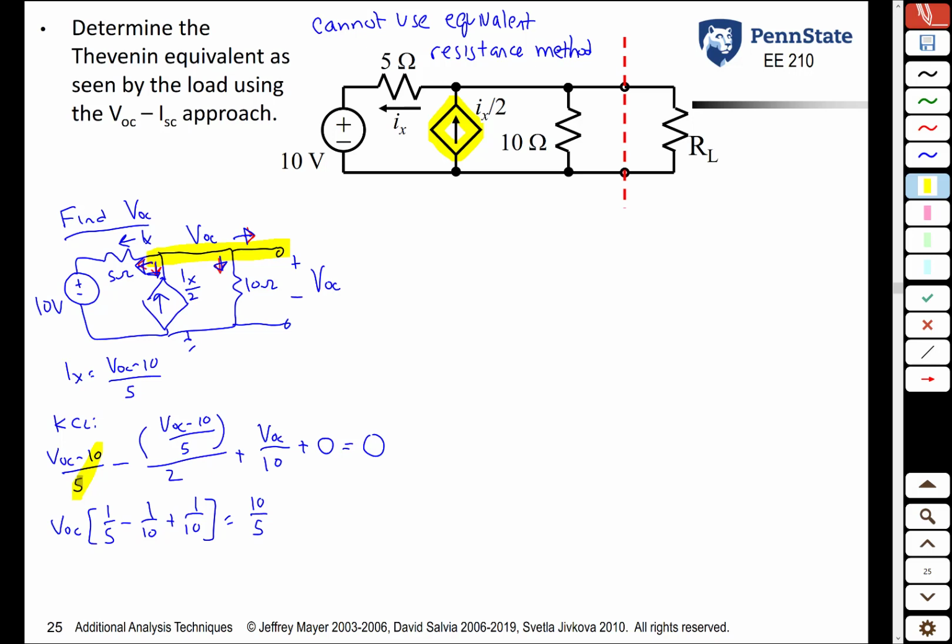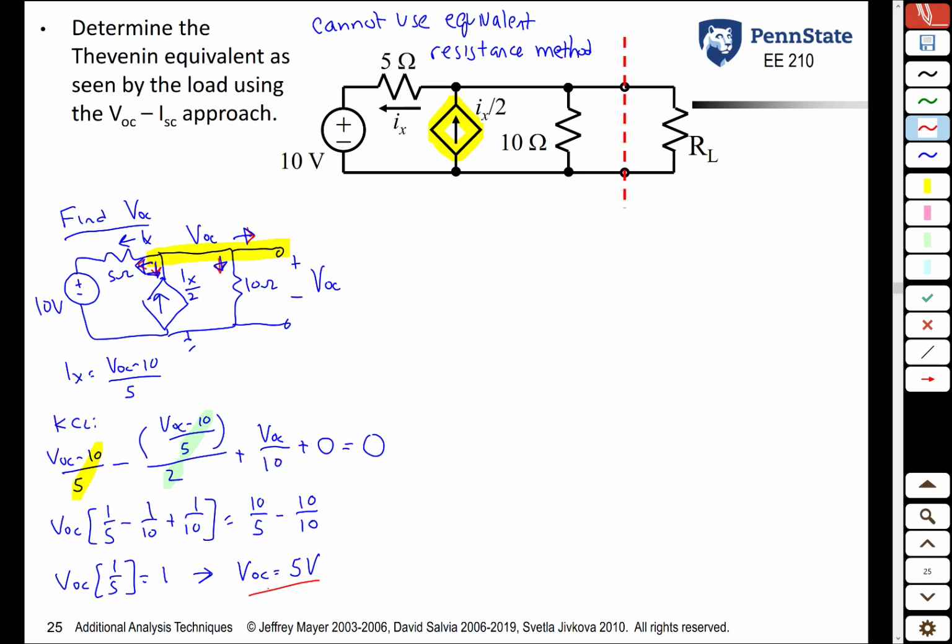And then we also have this term, 10 over 5 over 2. Bring that to the other side. We get minus 10 over 10. So we get that VOC times 1/5 is equal to what? 2 minus 1, or 1 volt, or the open circuit voltage is 5 volts.